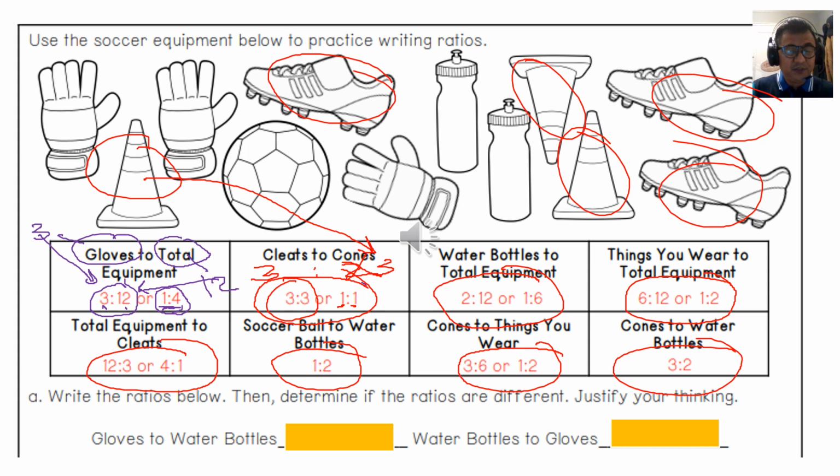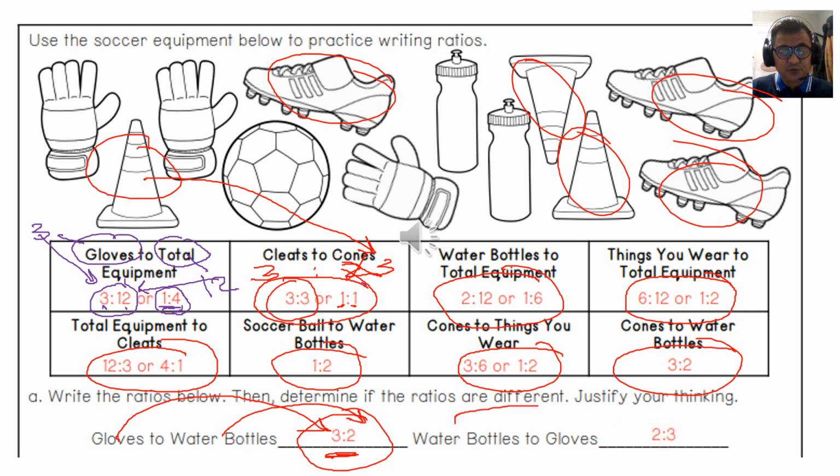Now, another challenge. Write the ratios below. Then determine if the ratios are different. Now, gloves to water bottles. You see how many gloves? 3 and water bottles 2. 3 is to 2. Gloves go first and water bottles is next. So the ratio is 3 to 2. But if I switch the way I said it, if I ask for water bottles first, that's going to be 2.